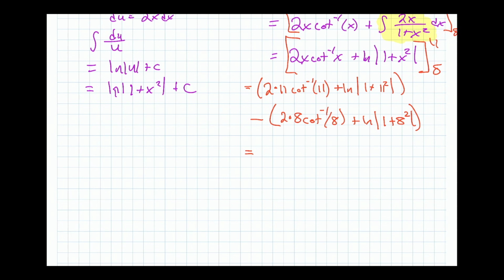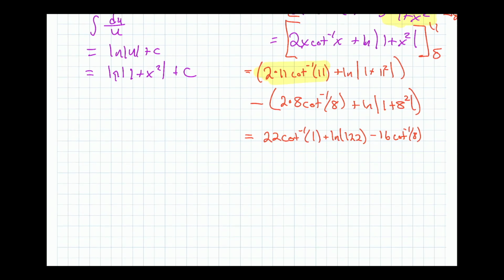So like this first part here is going to be 22 cotangent inverse 11. Fine. Then you have natural log of, what is that, 1 plus 11 squared. So 11 squared is 121, so this is 122. You don't need an absolute value because 122 is positive. Minus, then you've got 16 cotangent inverse 8.